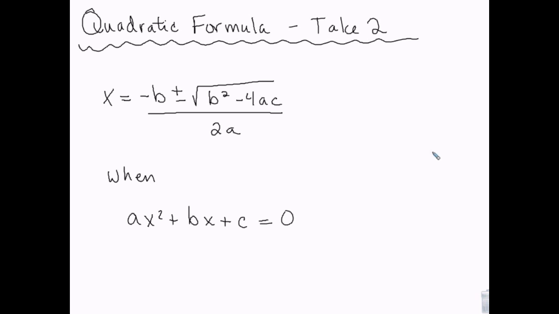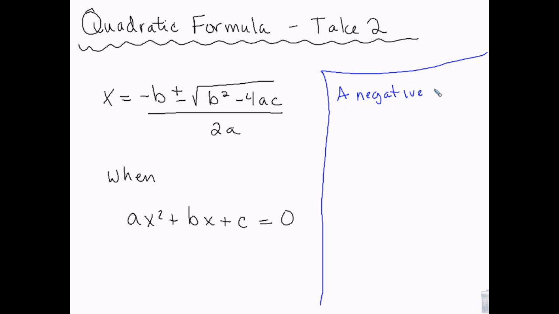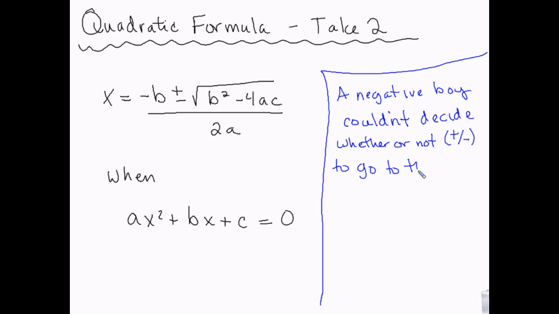The other way I know to remember it is the story of the boy. He's a negative boy. So we have a negative boy who couldn't decide whether or not, that's the plus or minus, to go to the radical party.